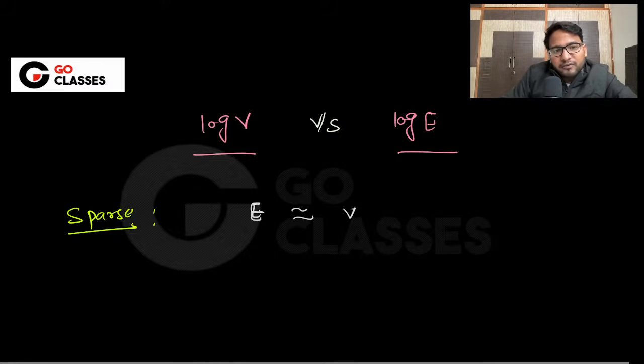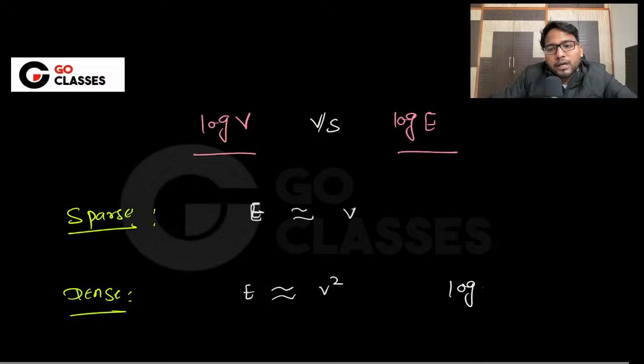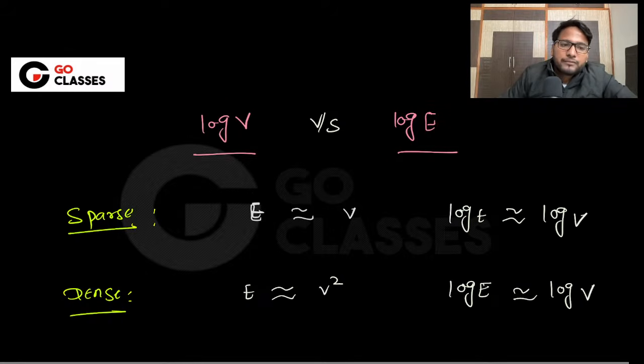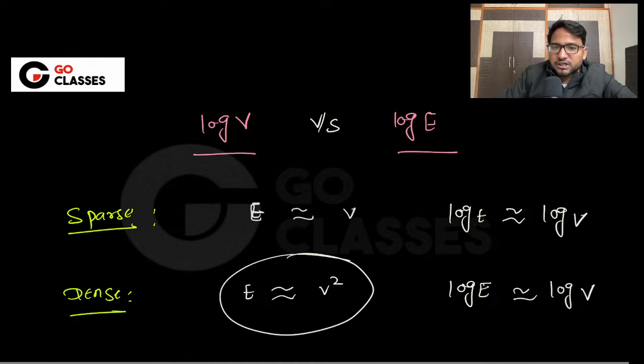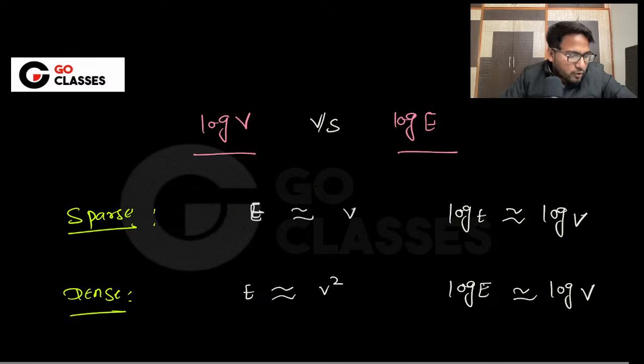And in the dense graph, even if E is V square, log E and log V are the same. So when it is log, it doesn't matter about the graph. If it is not log, then it will matter because that could be the relationship. But if it is log, then both are the same.